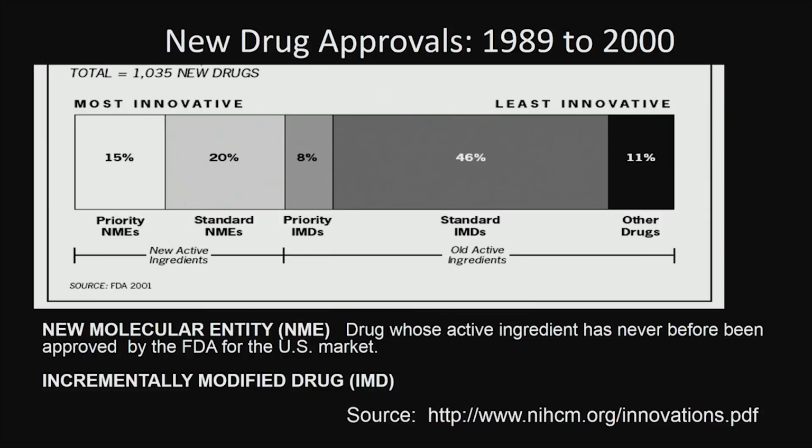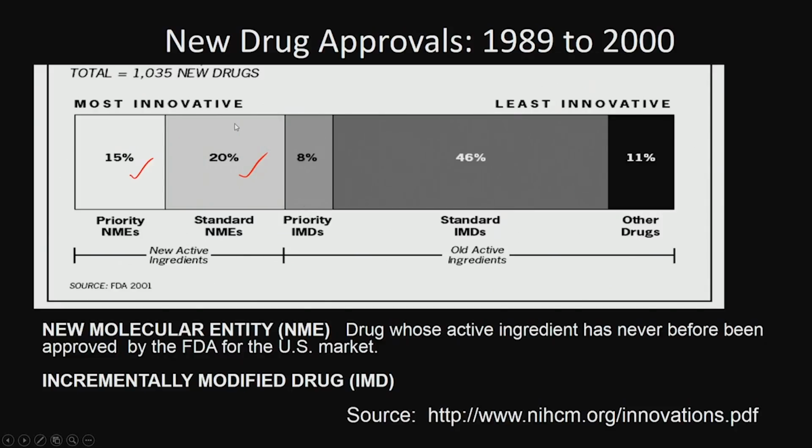So, if you look at some statistics, 1989 to 2000 statistics, as you can see, NME is new molecular entities, that means totally new species, new compounds which have gone for approval. Only about 15% has gone for approval as a priority and about 20% as standard new molecular entities for approval from the FDA, okay.